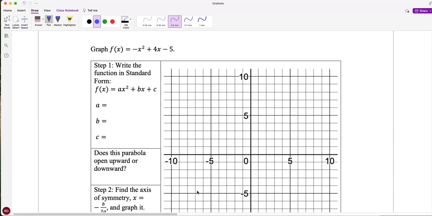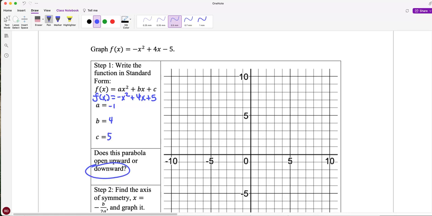f of x is negative x squared plus 4x plus 5. This is in standard form, okay? So I've got f of x equals negative x squared plus 4x plus 5. So in this one, a is negative 1, b is 4, c is 5. This parabola will open downward, because a is negative 1.